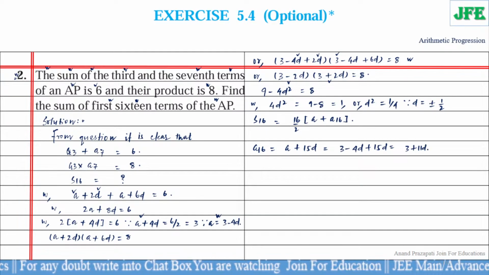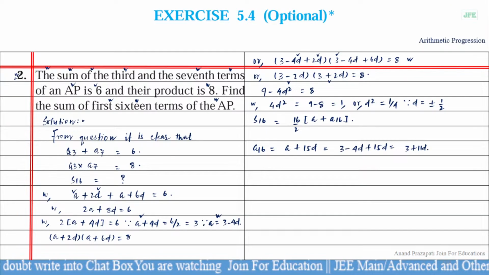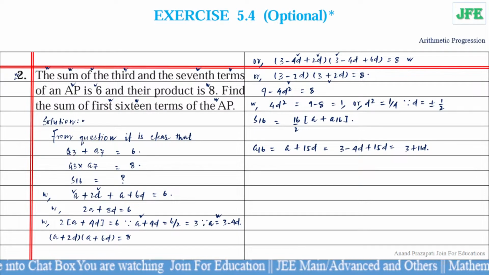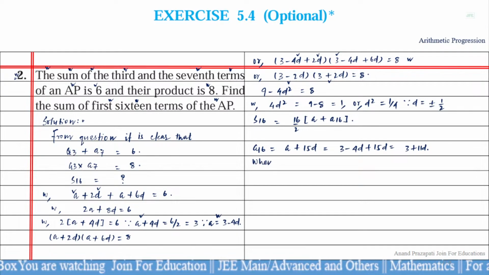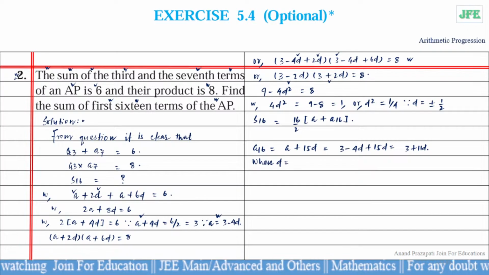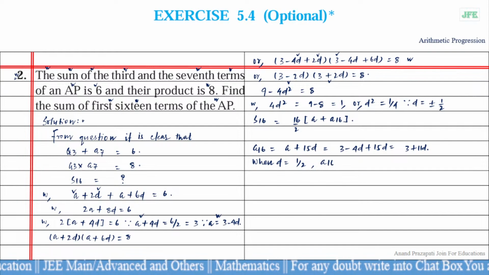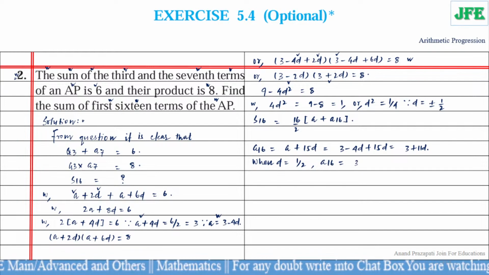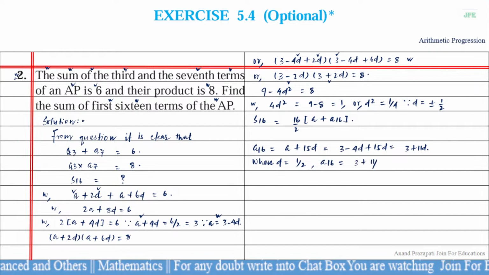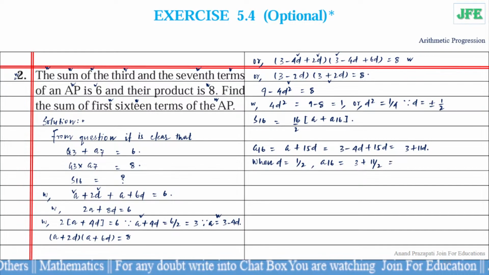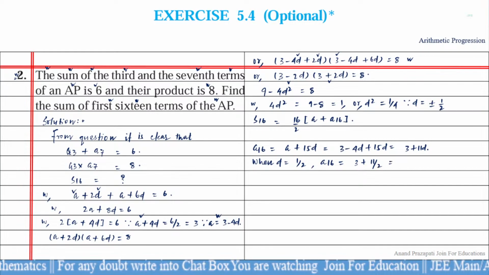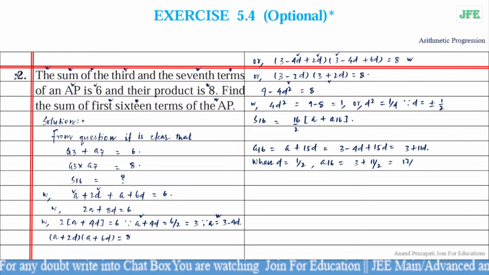So when d equal to 1 by 2, then a16 equal to 3 plus 11 by 2 equal to 6 plus 11 by 2, which is 17 by 2.